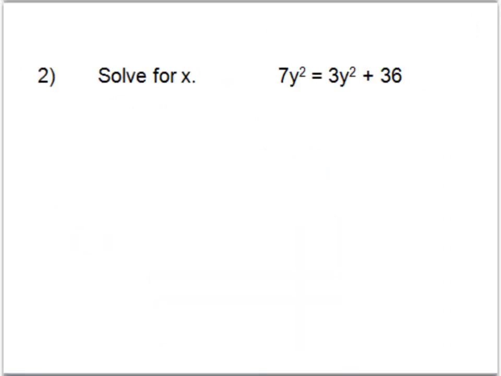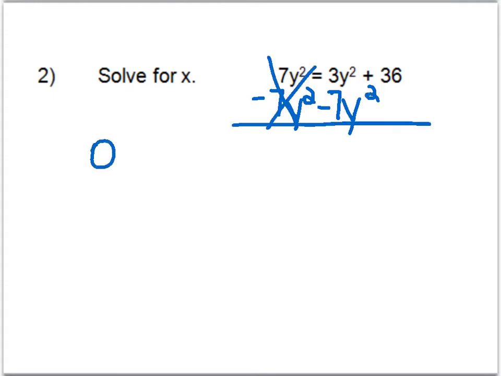Example number 2 asks us to solve for x. And we have a 7y squared on the one side, but we need the equation to be equal to 0. So let's subtract 7y squared from both sides. That'll give me 0 here. So I have 0 equals negative 4y squared plus 36.